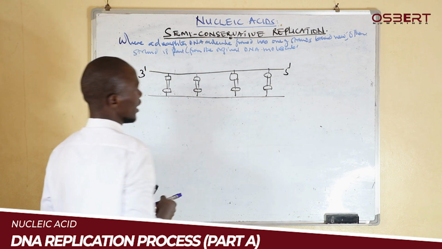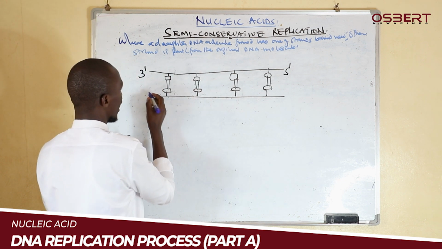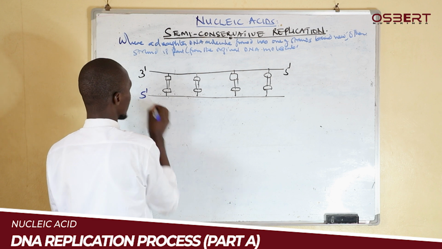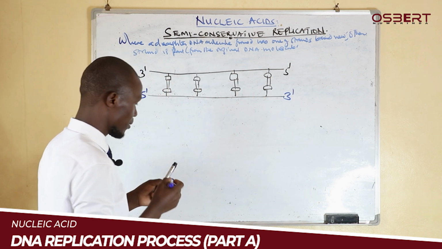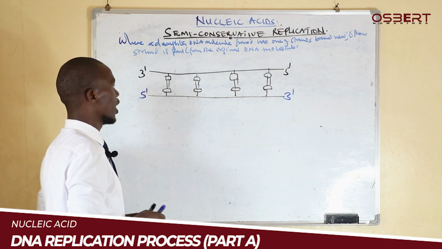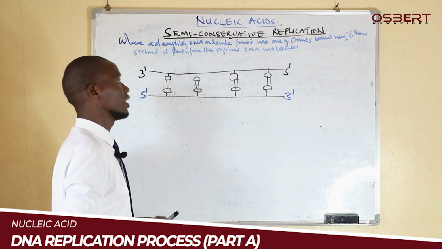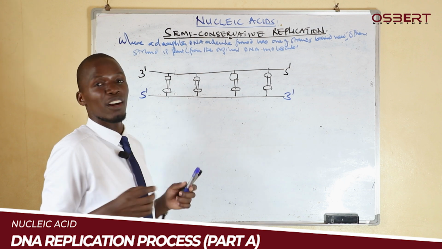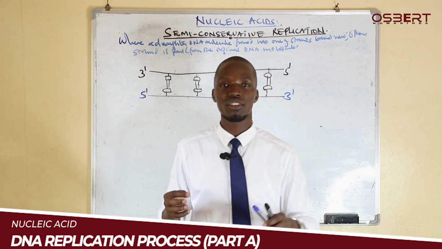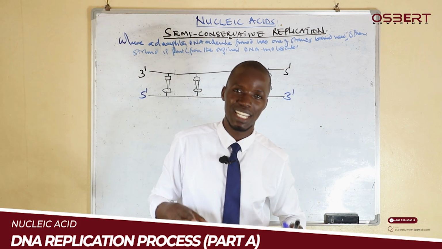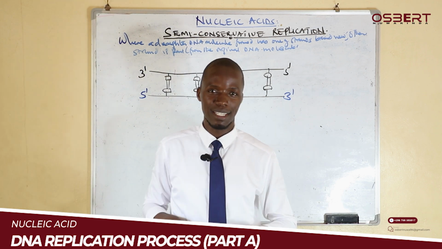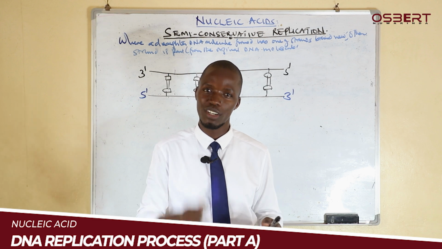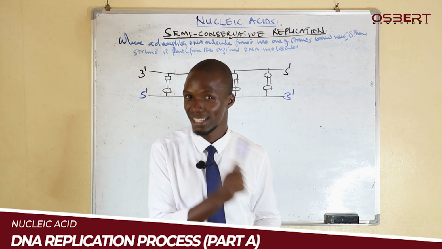And then the other one is running in a 5' to 3' direction. These are the two strands that we have. In the recent video, we saw that we have enzymes which we need to carry out replication. One of the enzymes was called DNA helicase.